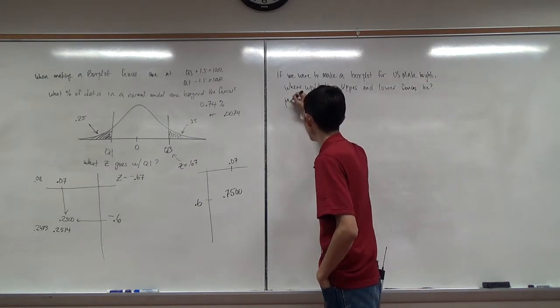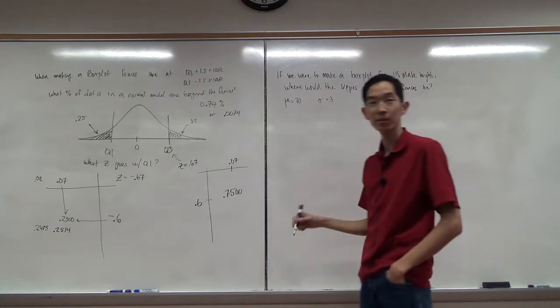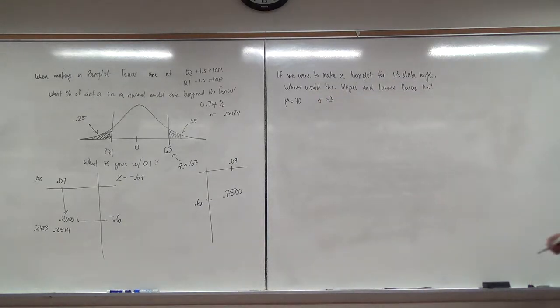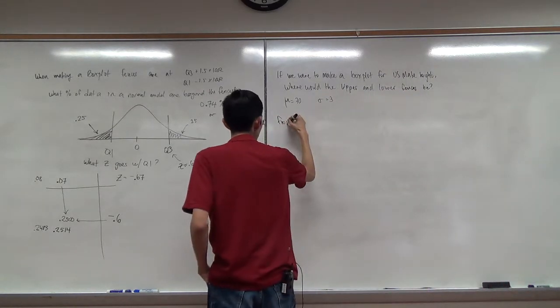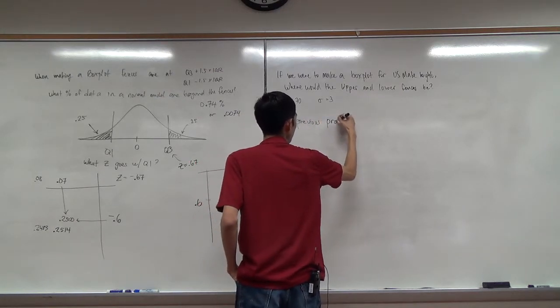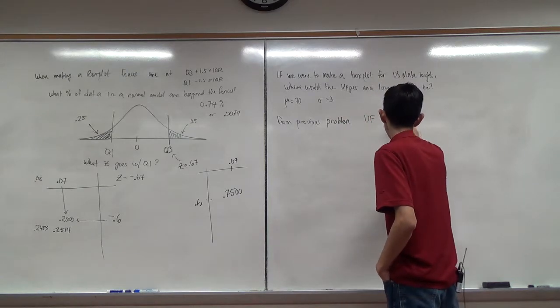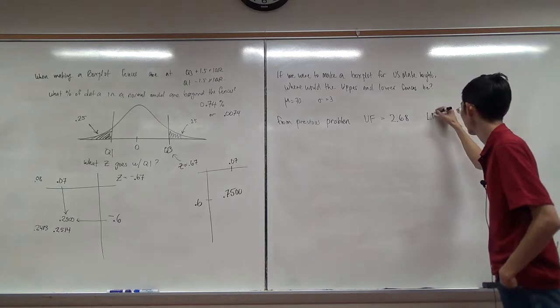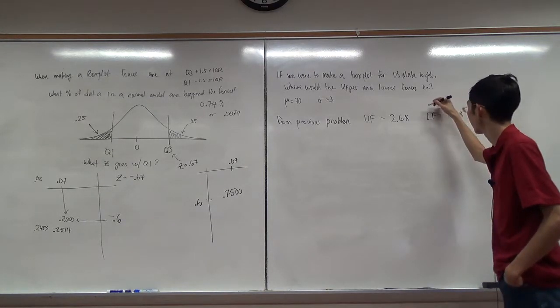Again, the mean height is 70 inches and the standard deviation is 3 inches. So from the previous problem, we see that the upper fence was located at 2.68 and the lower fence is at negative 2.68, the z-scores.